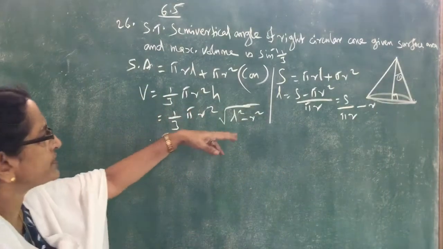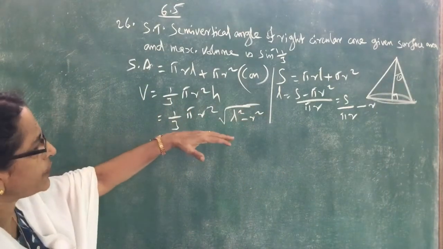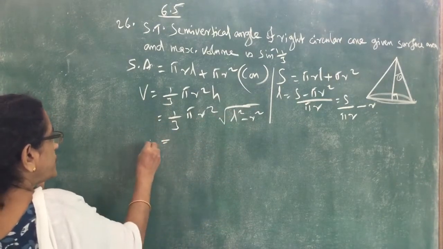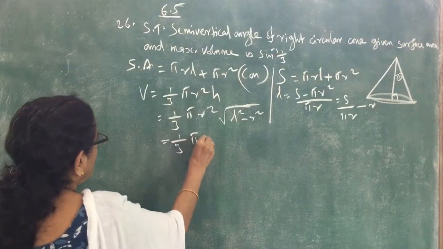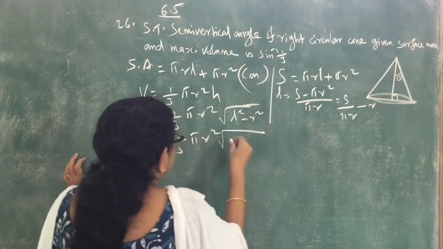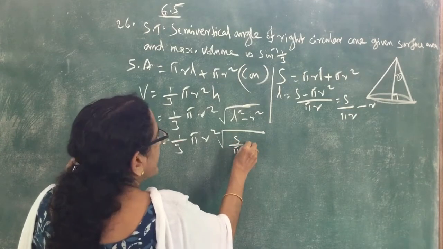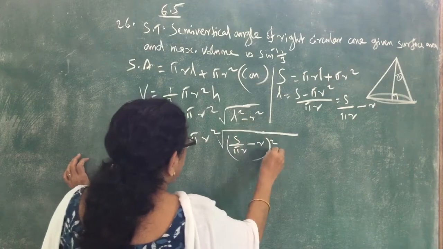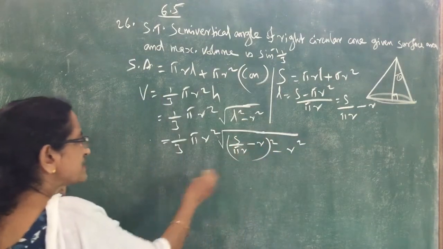Now we can substitute that value here. So L equals S by pi r minus R, that we can substitute here. So V equals 1 by 3 pi into R square into root of L square, that is S by pi r minus R whole square, minus R square. Now we can simplify that.